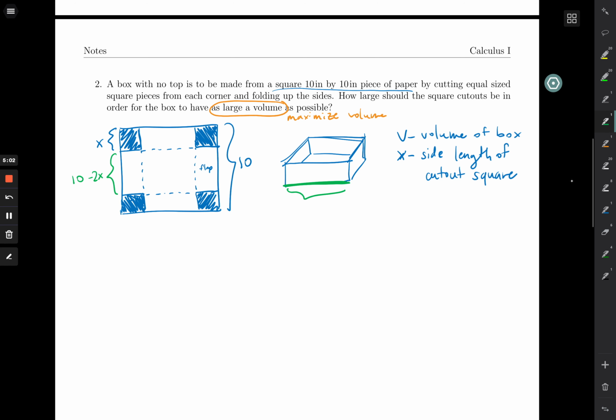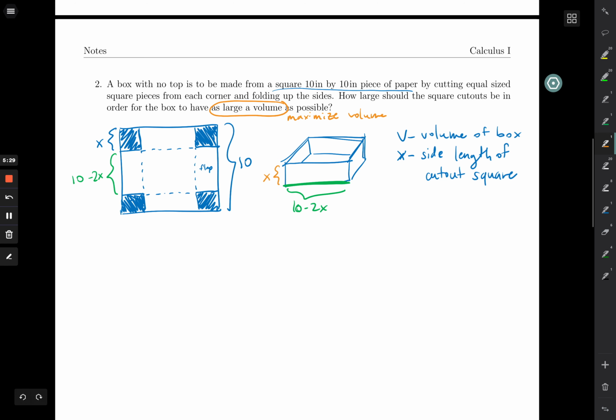So visualizing this after we've folded up our box, this length of our rectangular cube type shape is going to be 10 minus 2x, right? The other way, so the other part of the flap, maybe I'll label this here in orange.